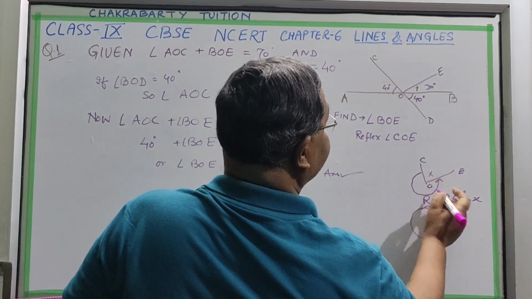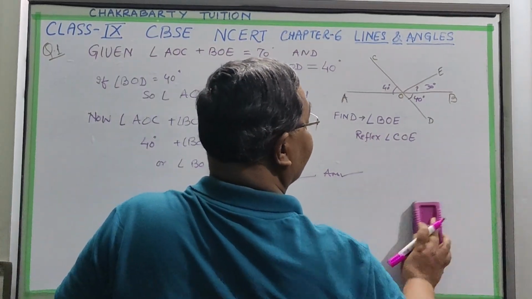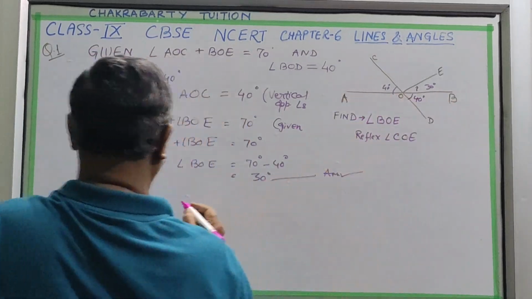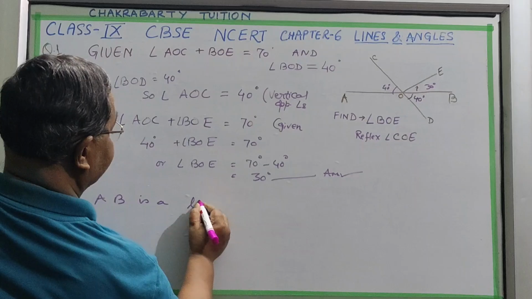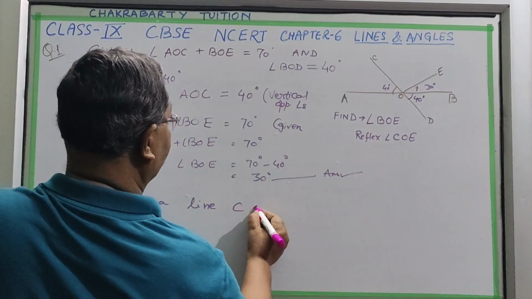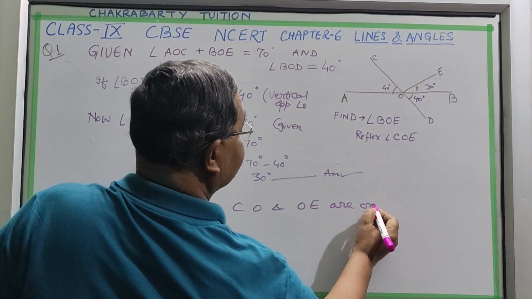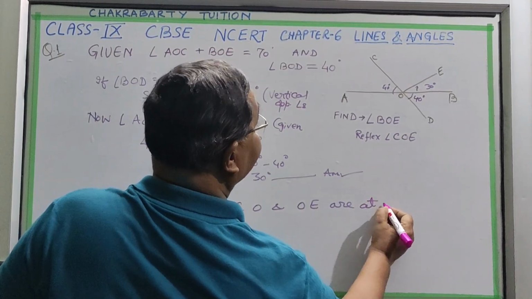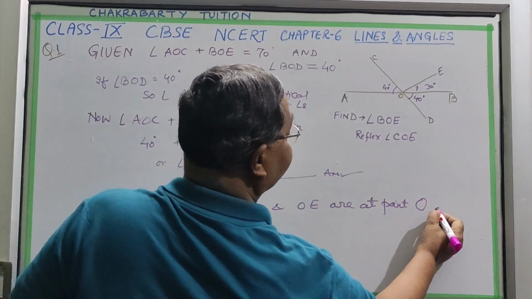So what are we going to do? AB is a line, and CO and OE are at one point, at point O, of the line.